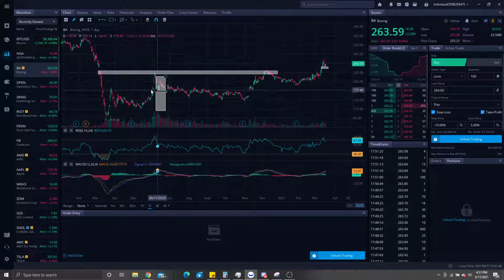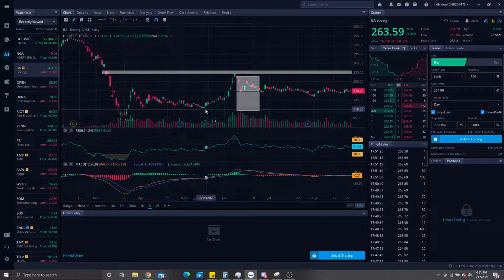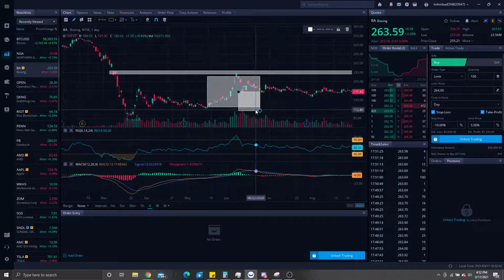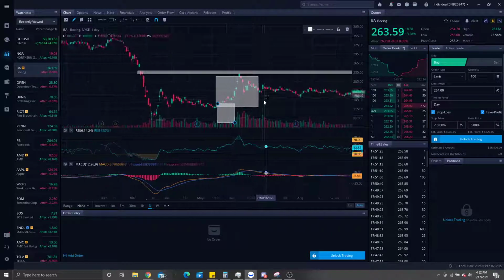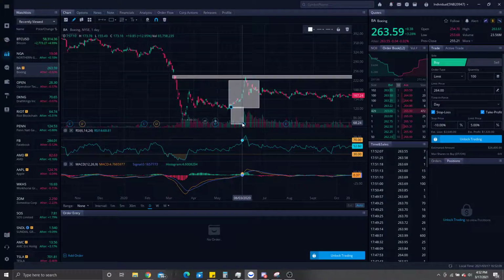Because at this particular time, you didn't have any structure lows except this. If you would have went long here instead, that's good. I could get behind that. 2-to-1.